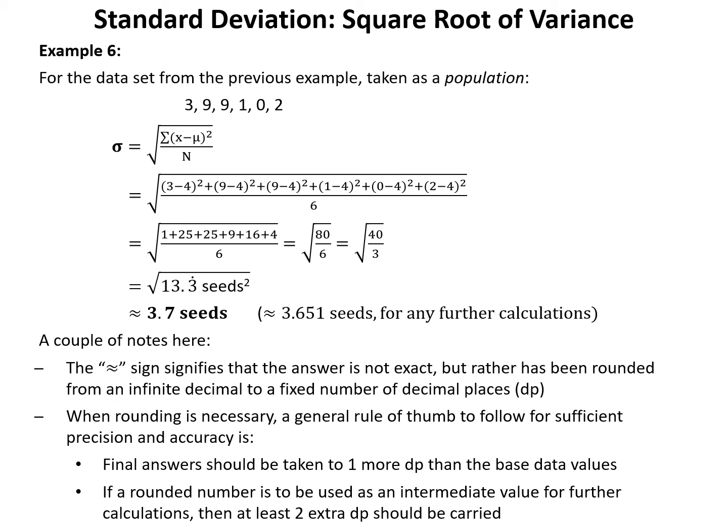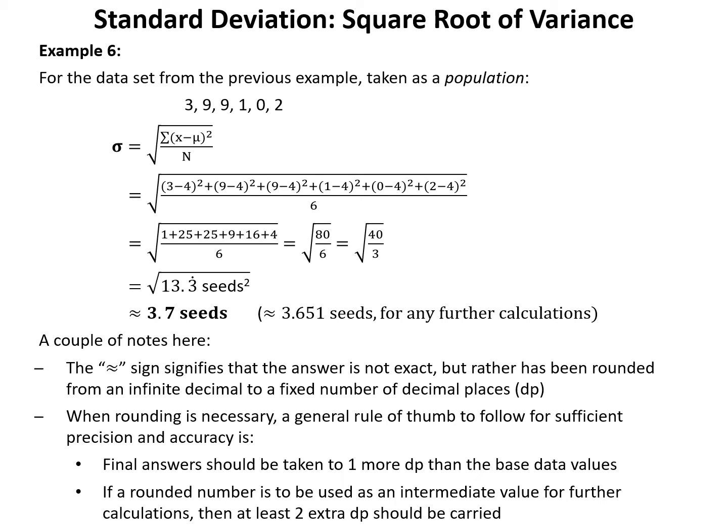Now, we need to discuss here a couple of notes regarding how we deal with numbers that are not exact and need to be rounded. And so we're going to discuss some general rules of thumb that apply not just to this particular example, but the entire course, and how we'll proceed in situations where we have numbers that are not exact and need to be rounded.